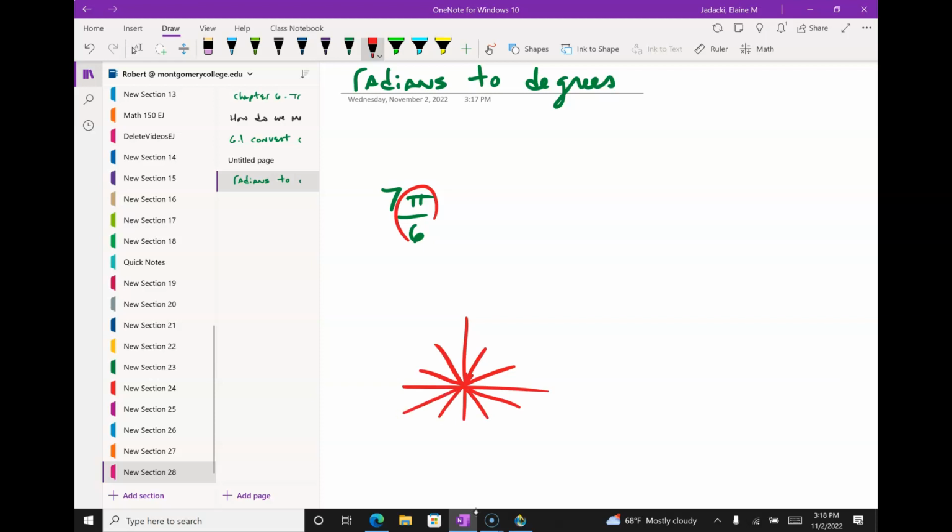There's my whole circle in 12. This guy is my reference angle, pi over 6. I'm going to start counting: 1, 2, 3, 4, 5, 6, 7. There's my pi, and my 7 pi over 6 right here. And it's a right triangle.